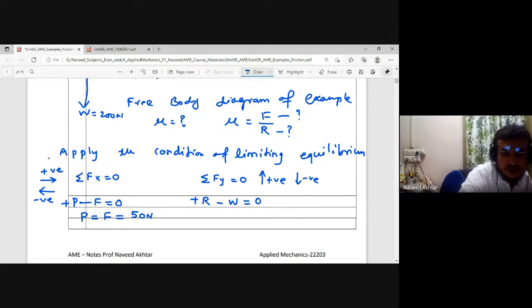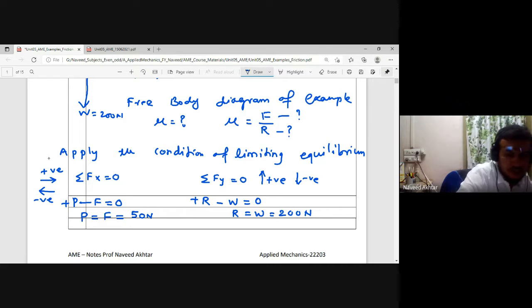So only these two forces are there in vertical. So R is equal to W, and W is nothing but how much? 200 न्यूटन. तो R की वैल्यू भी क्या हो जाएगी? 200. समझ में आ रहा है?